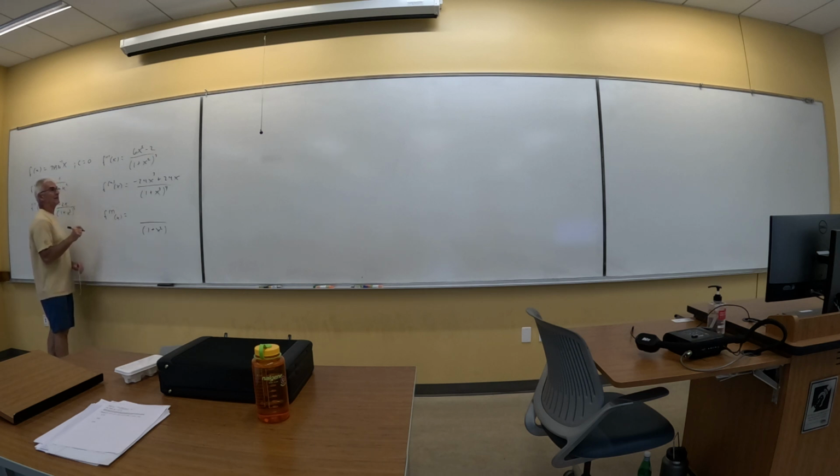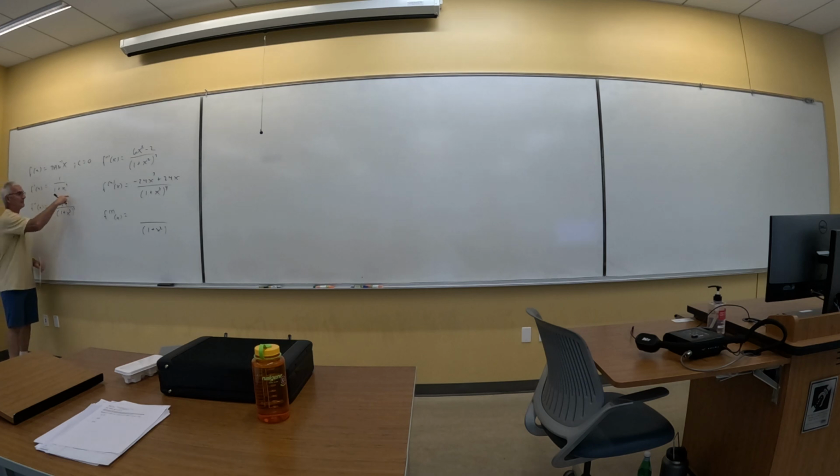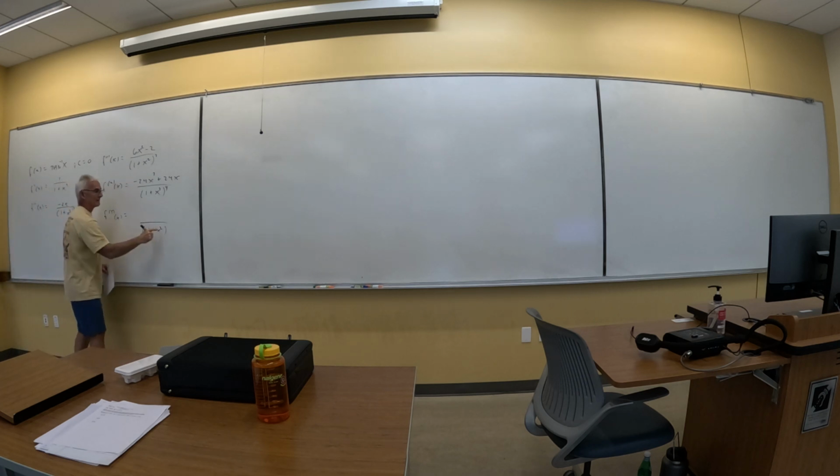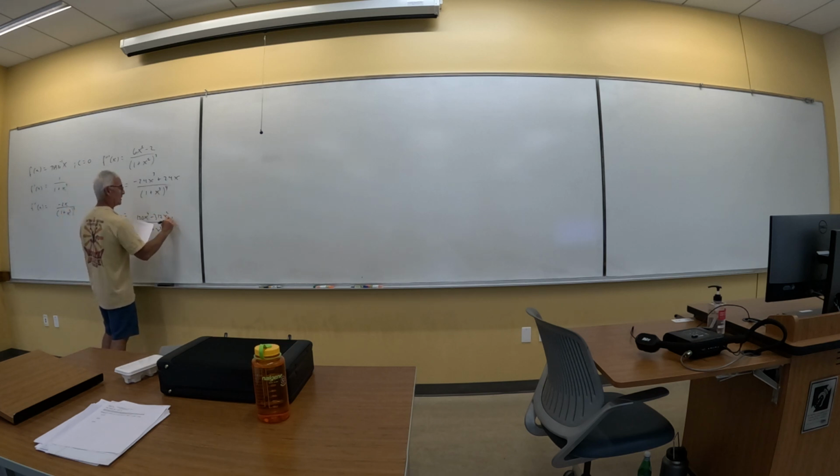What do you think? 1 plus x squared, fifth power. Yeah, fifth power. Okay, and then on top it's going to be 120x to the fourth minus 312x squared plus 24. We've got enough now. We can keep going.